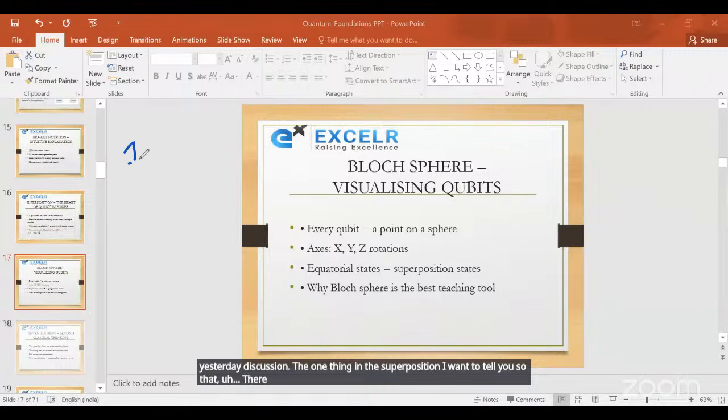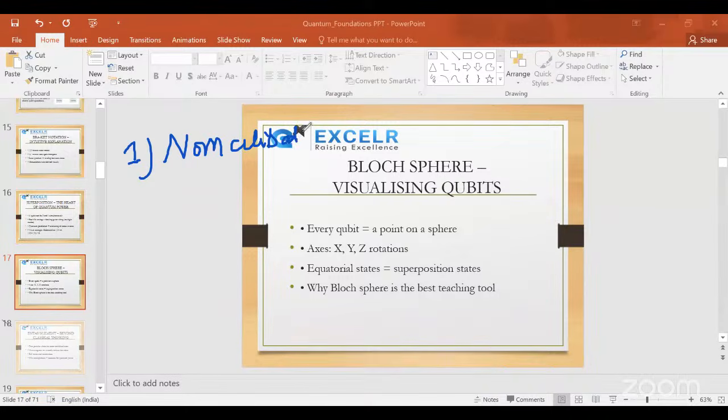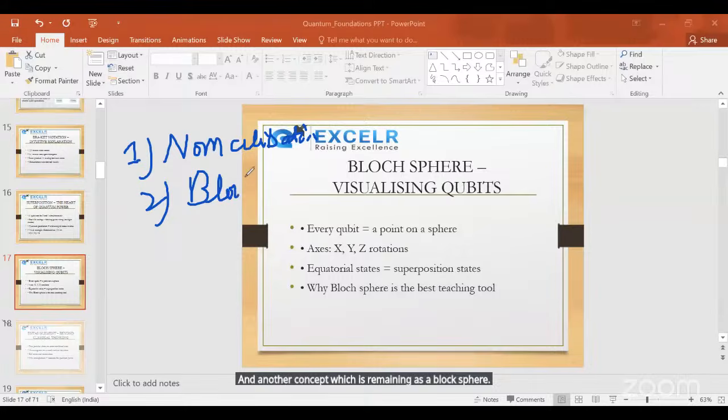There is one concept remaining, normalization, and another concept remaining, the Bloch sphere. From this Bloch sphere, I think the theoretical part will finish.